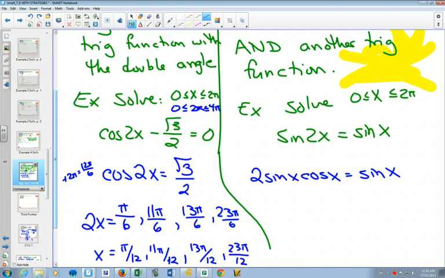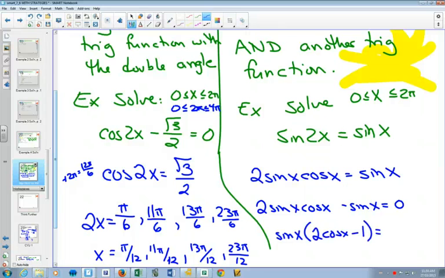But if you look at it, you can see that sine equals 0 is one of our solutions. So we're going to make, instead, one side equal to 0 by subtracting sine x on both sides, then factoring out the common factor of sine x. And we get sine x is equal to 0, or cos x is equal to a half.